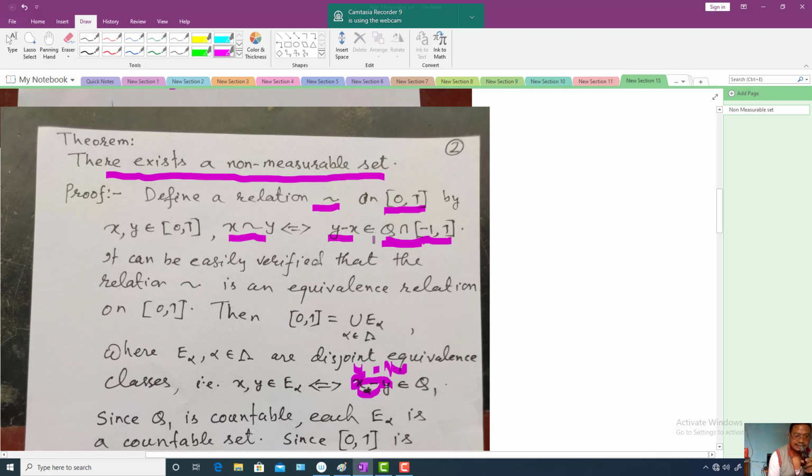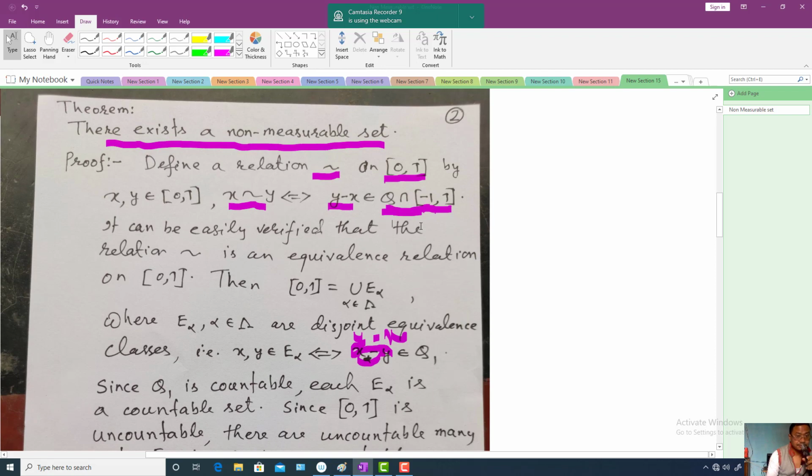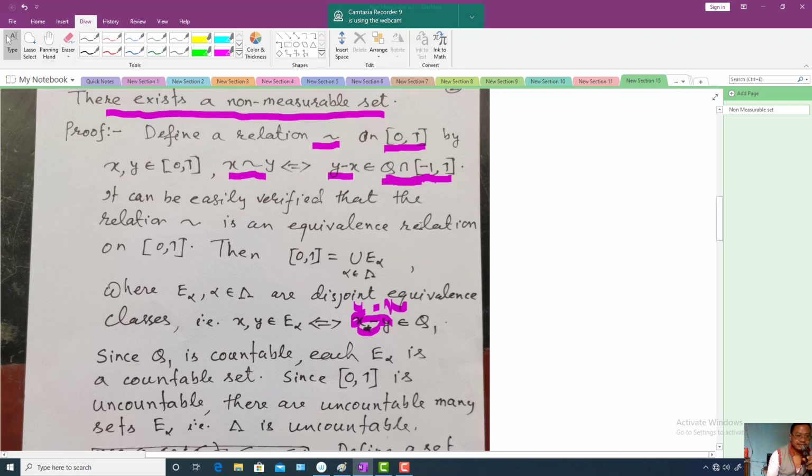If x is related to y, then y minus x must be a rational number between -1 and 1. This is the definition of the relation, and it is an equivalence relation. It is an exercise for you. If you are able to do that, you will understand more. So you try it.